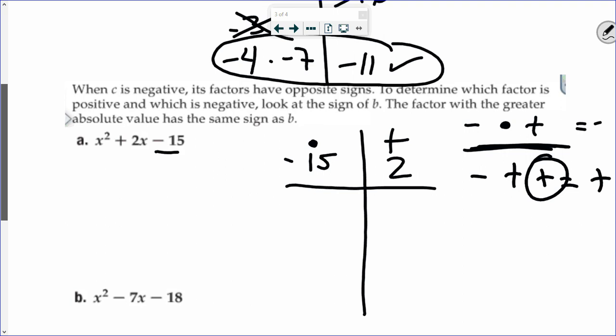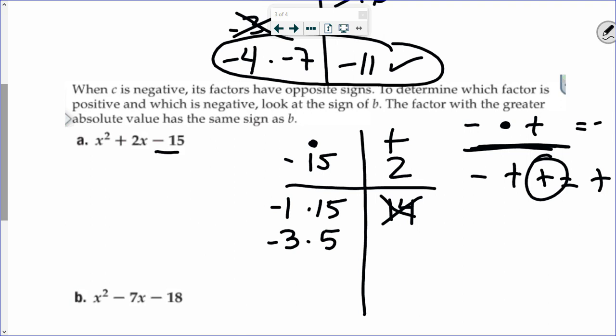So negative 15. 1 and 15 are factors of 15. Like we just said, if they're going to add to a positive number, the bigger number is going to have to be positive. Negative 1 plus 15 adds to a positive 14. Not quite what we're looking for. Does 2 go into 15? Nope, it's not an even number. What about 3? Certainly 3 goes into it 5 times.